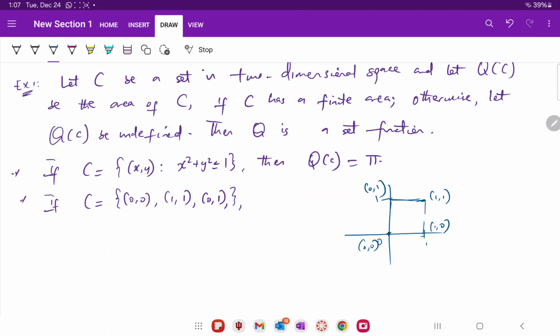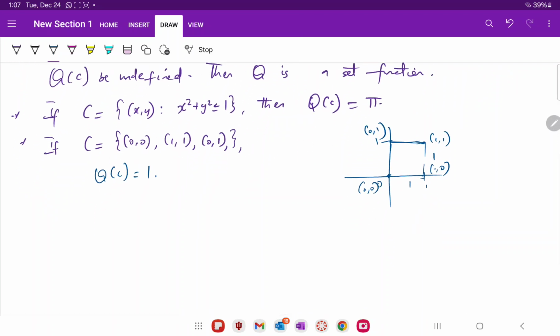If you take the area of this, from here to here is 1, and from here to here is also 1. This is a square, so length times breadth should give us 1.